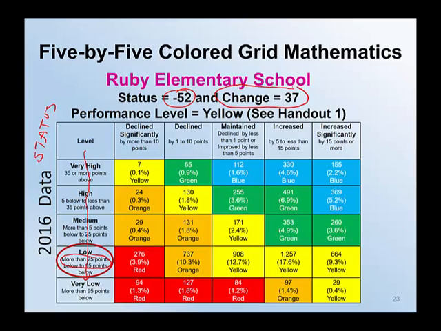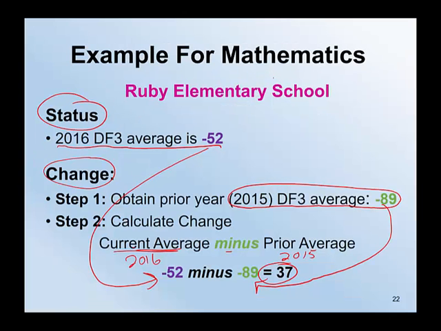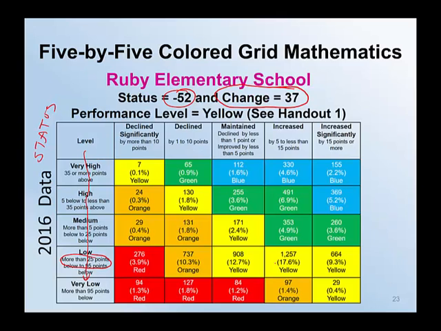There is hope, and this is what you really need to understand on your school sites and in your districts: this idea of change. The change calculation that we created on the previous slide, 37, is going to be placed on this grid somewhere in these columns. So where does change equals 37 show up? We read all this information and go, oh, look at that. We increased significantly, by more than 15 points.